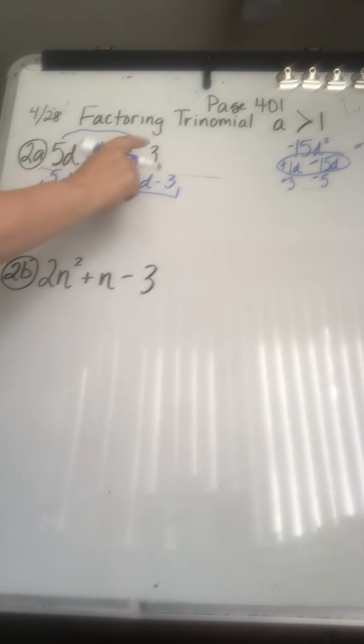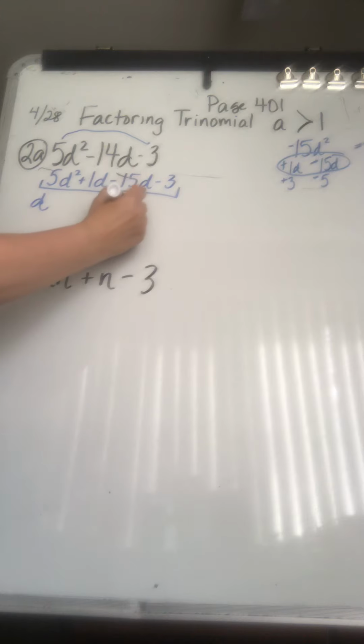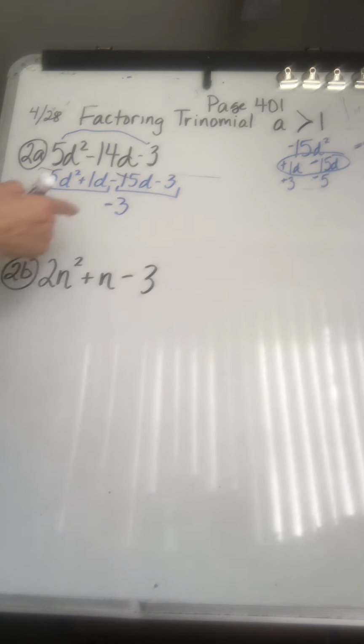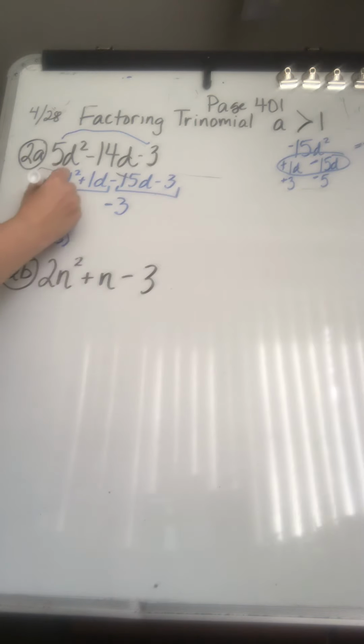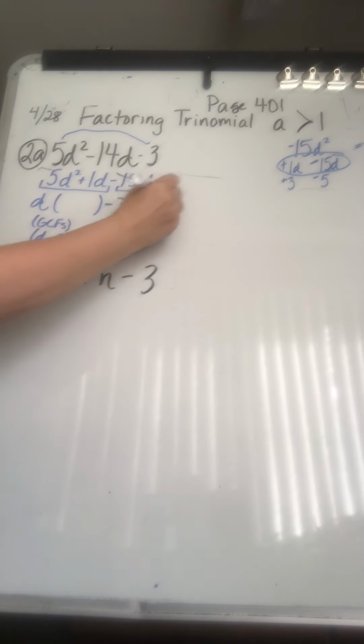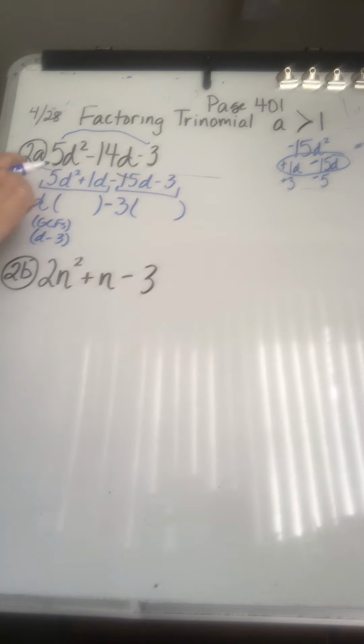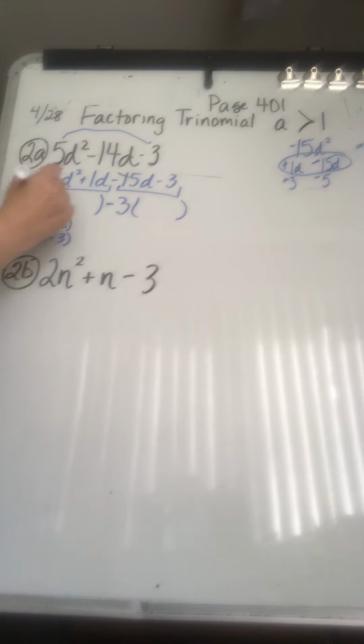I know 3 goes into 15, so here we go. I have my GCFs here. I have d minus 3. Now I need the twins, which are going to be in the parentheses. 5d squared divided by d gives me 5d.